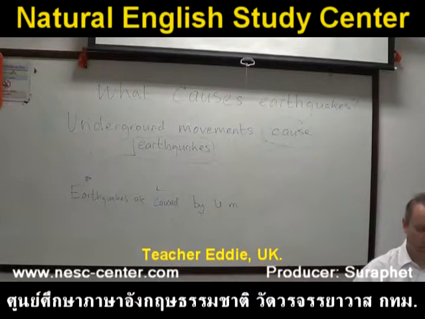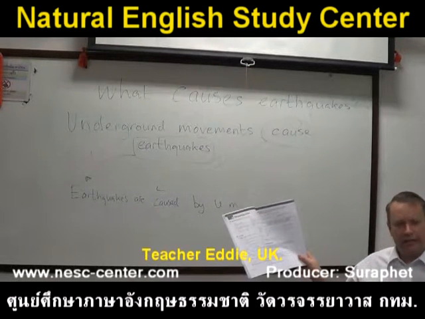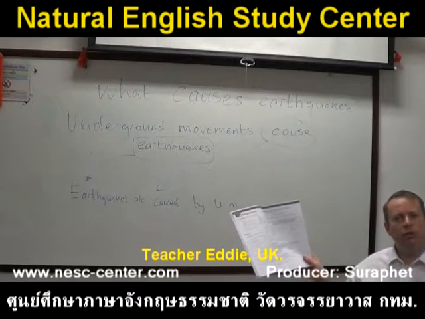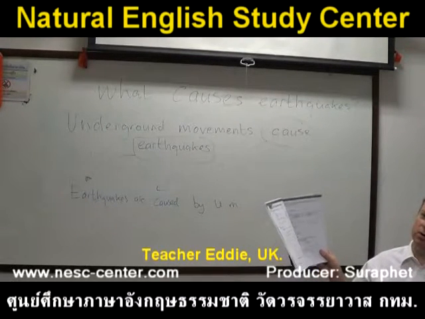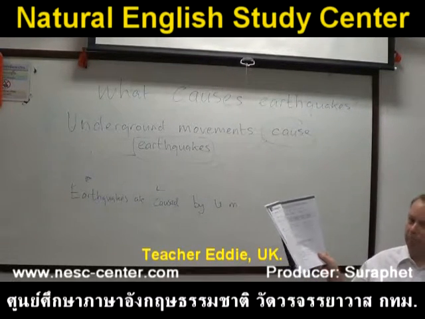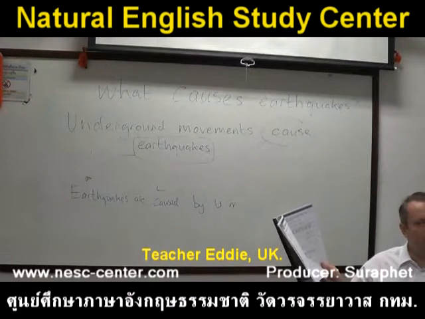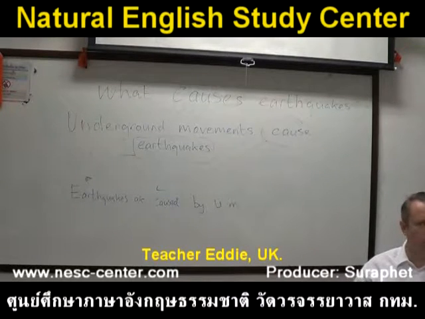But I want to ask you, why? Why do we have active and passive? Why do we choose? Sometimes we say, I want to say this in a passive way, or I want to say this in an active way. Because we said that the meaning is the same.